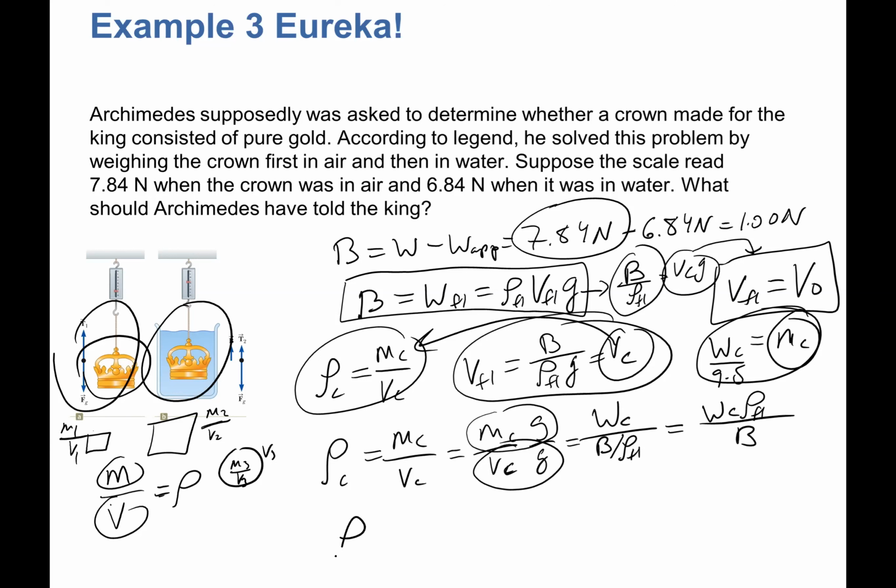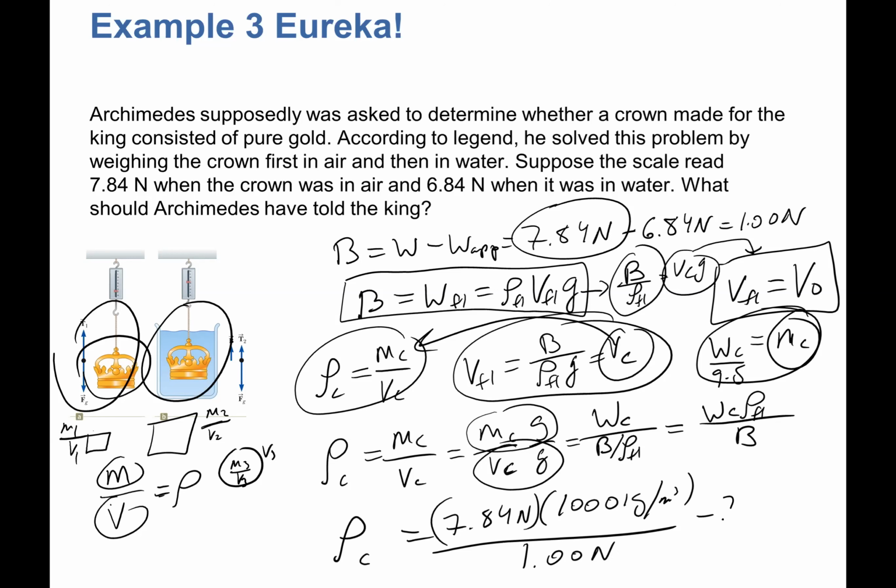Density of the crown here is equal to 7.84 newtons times density of 1,000 kilograms per cubic meter, divided by the buoyant force, which was 1 newton. So what we get here is 7.84 times 10 to the 3 kilograms per cubic meter.